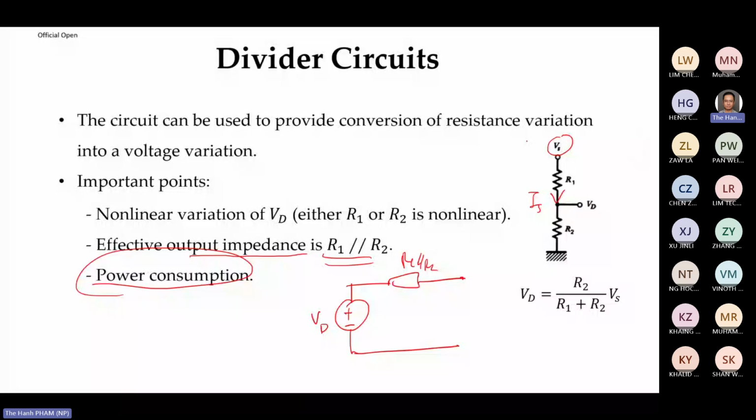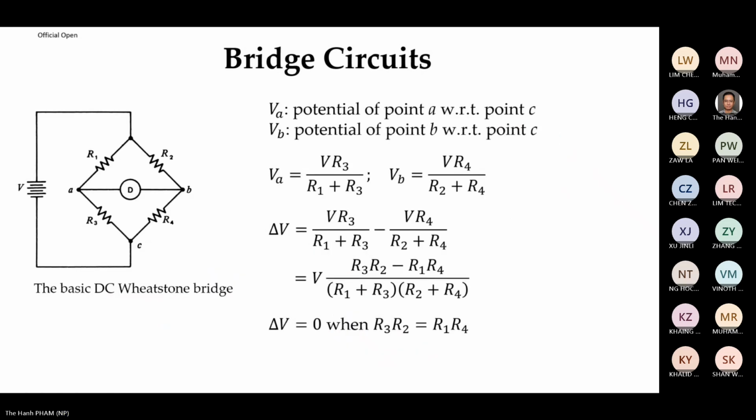For example, you have VS here, so there's a current running down. So power is dissipated here. Right? Okay, that is another example.